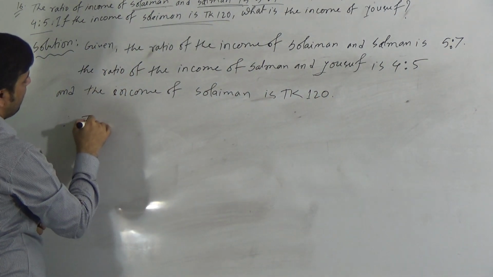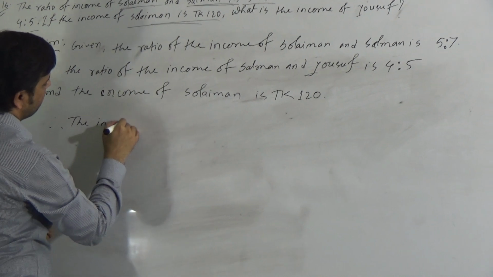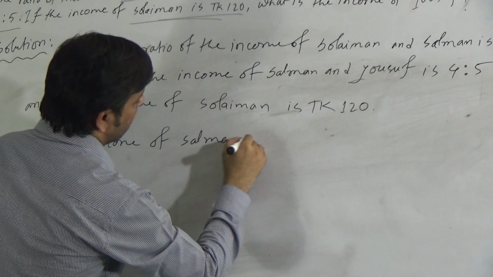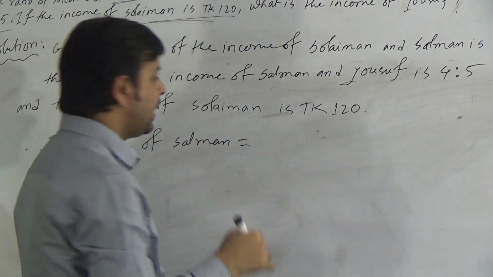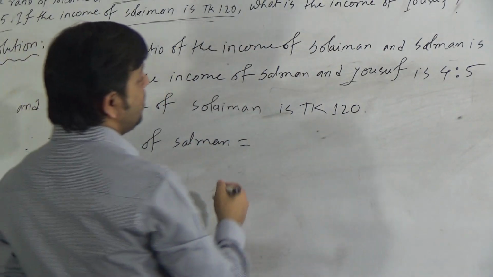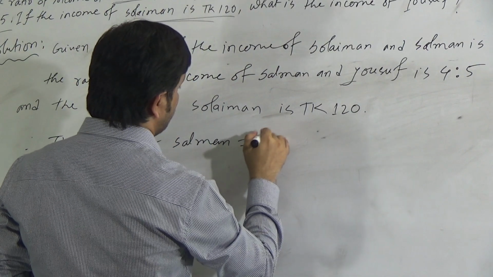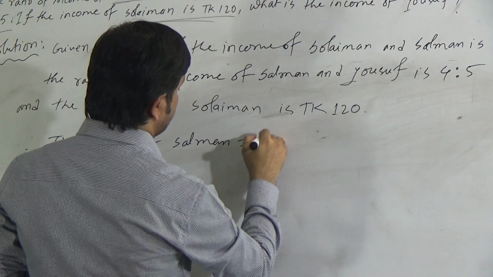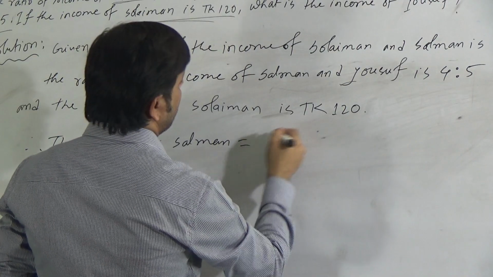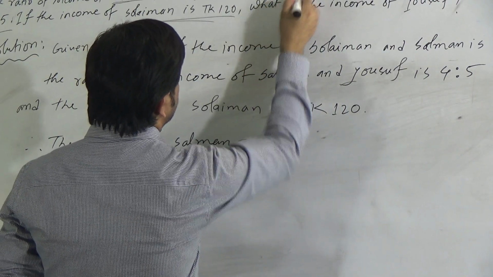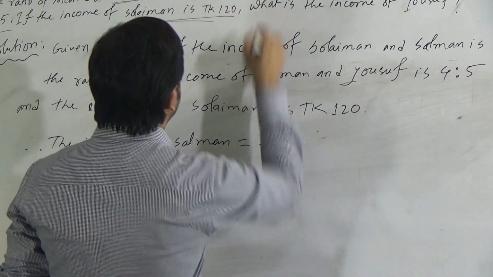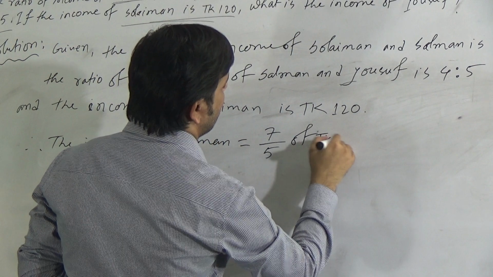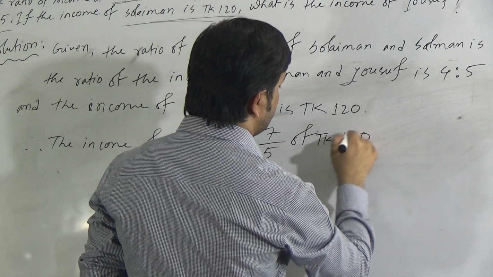Therefore the income of Salman. As we need to determine the income of Salman, we write Salman in the numerator. Here the quantity of Salman is 7, Sulaiman is 5, of the total amount of Sulaiman.